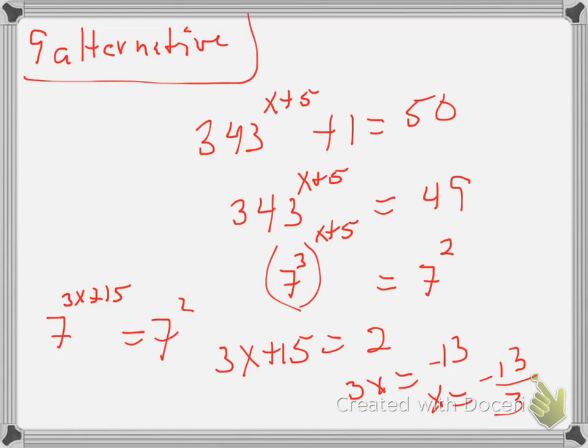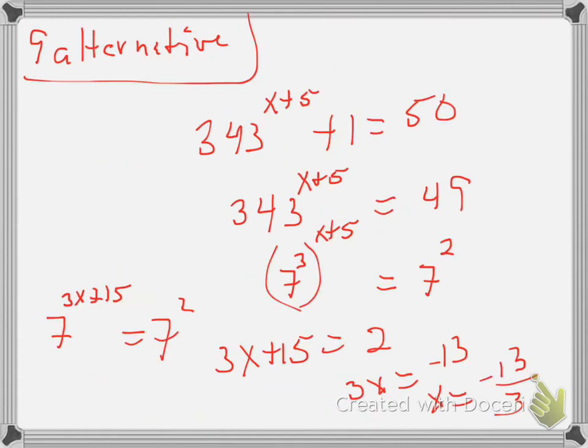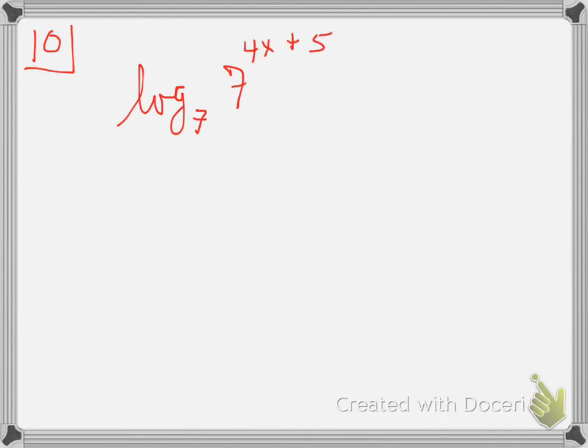Now, if you're doubting if those two things are equal, I encourage you to get out your calculator and check. Alright, number 10 is log base 7 of 7 raised to the 4x plus 5 equals 5.